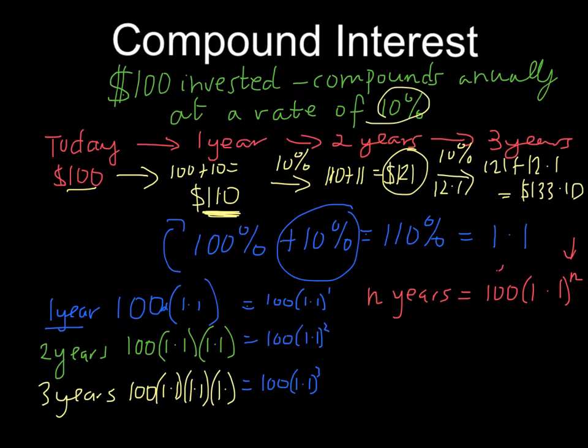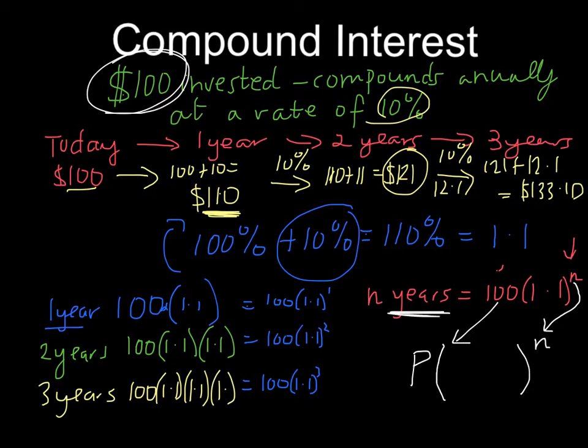So if we unpack this, the $100 was equal to our principal, or the amount we started to invest with. The N represented the number of years. And if it's years, it can stay the same, just as N, if we're compounding yearly. In here, what we had together was 1.